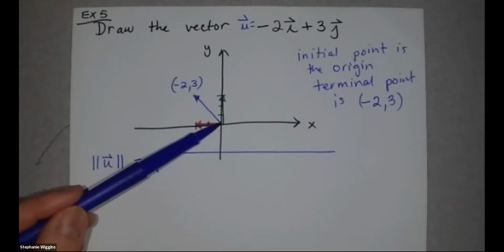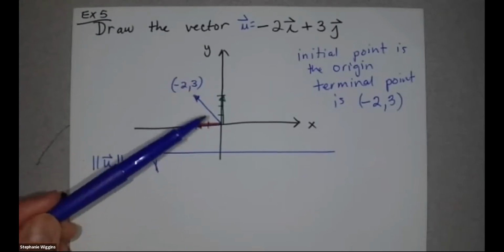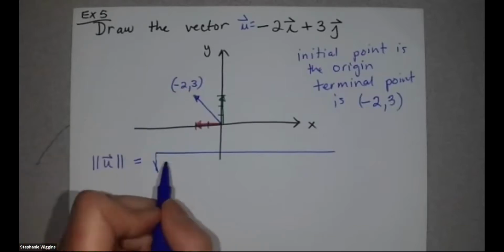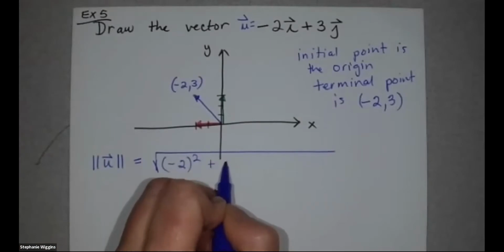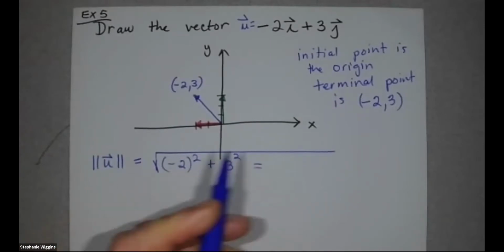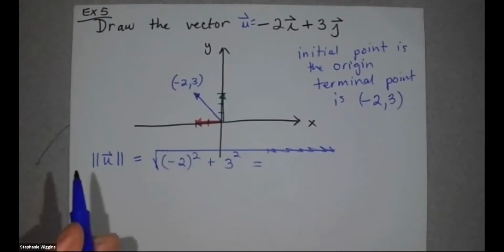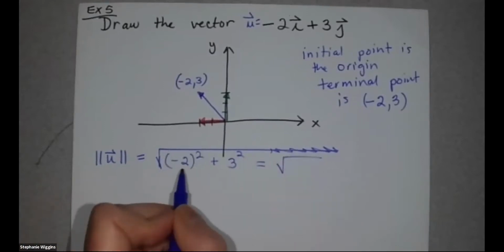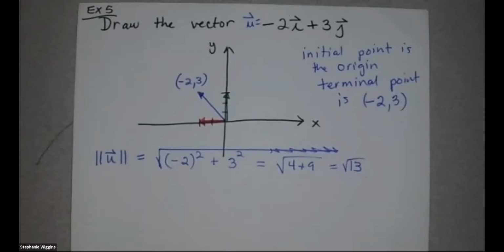Because our initial point is the origin, when you subtract 0 from each of these, all you have to do is take -2 squared and then add it to 3 squared, and you're going to get the square root of 4 plus 9, which is, it's not always going to be square root of 13. It just so happens to be the same as the other one that we did.